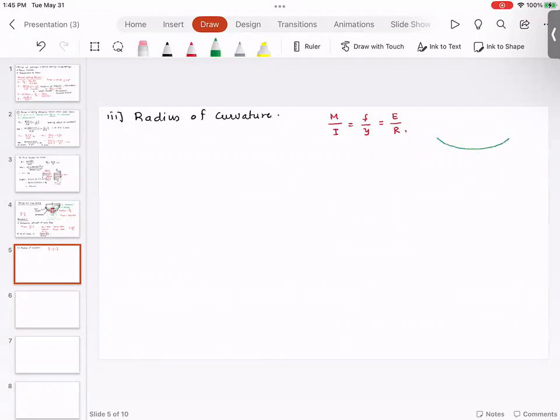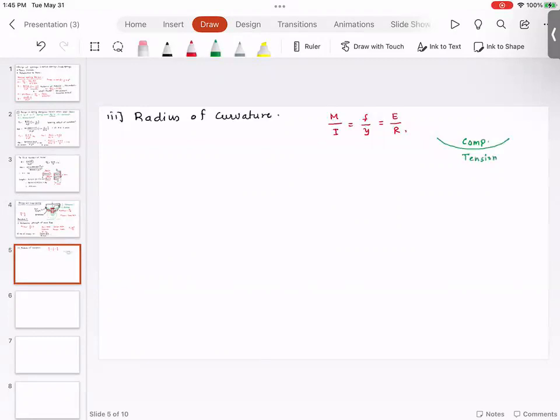When the beam bends, two things happen. First of all, you'd get stresses across the beam cross section because the top fibers are compressed and the bottom fibers are stretched. So you're going to have compression on top and tension at the bottom.